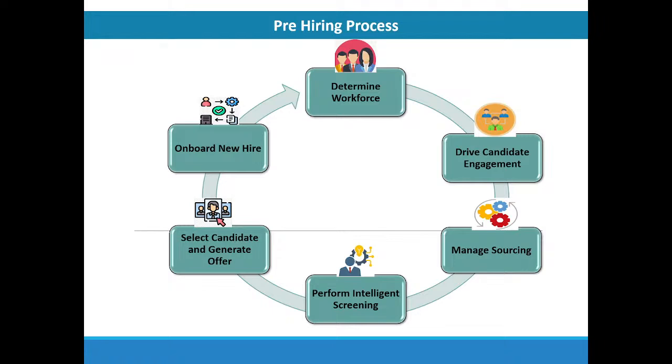For this, the following processes need to be put into place: determine workforce needs, drive candidate engagement, manage sourcing, perform intelligent screening, select candidate and generate offer, and then onboard new hire.